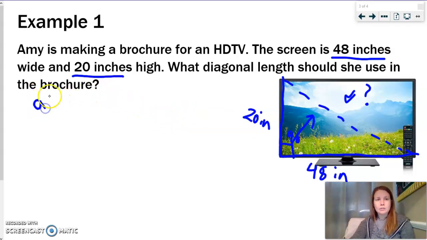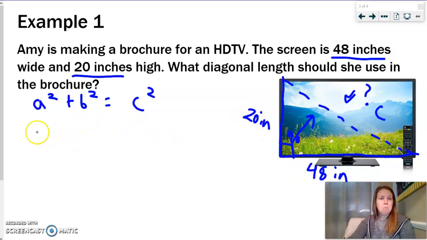So again, a squared plus b squared equals c squared. C squared is my hypotenuse, and that is this diagonal one that we don't know yet. Doesn't matter if I put 20 for A or 48 for A, but let's just put 20. And I'm just going to substitute in.